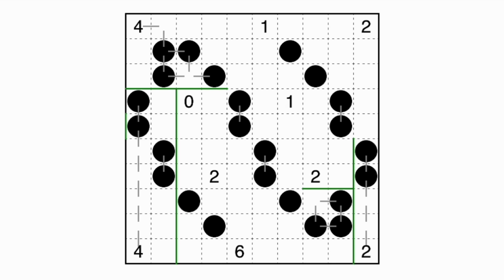Okay, so this region here can't go any further north. The only clue that it even sees is this 6. So it's going to have to pick that up, and then it's going to have 6 in it, which means it picks these 2 up as well. So that's fairly straightforward. This 2 could get these 2 or these 2.